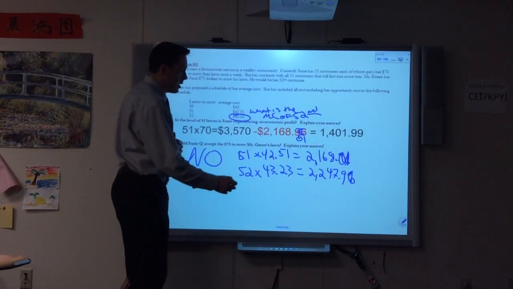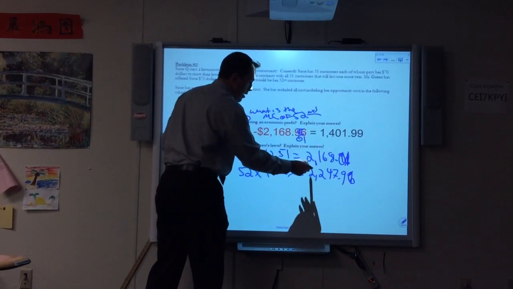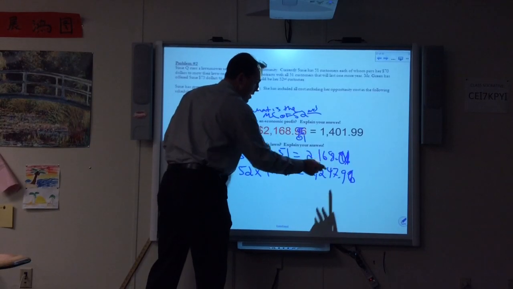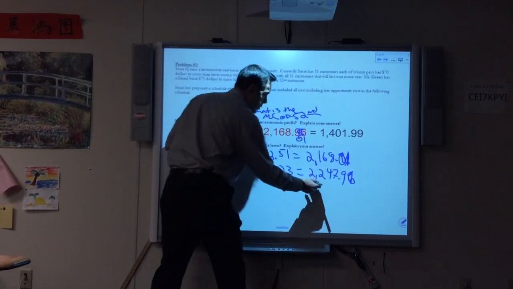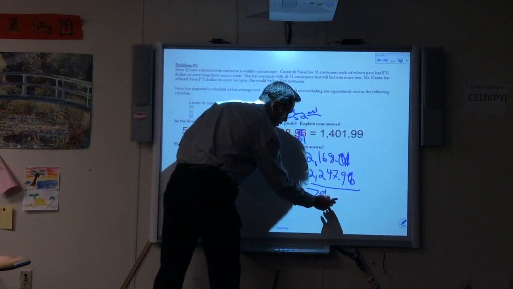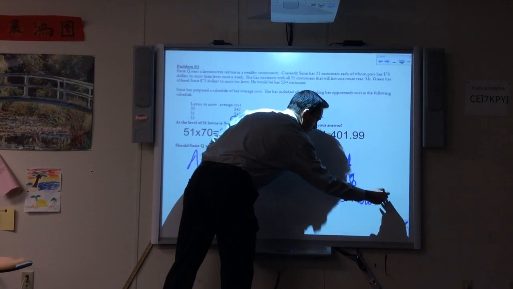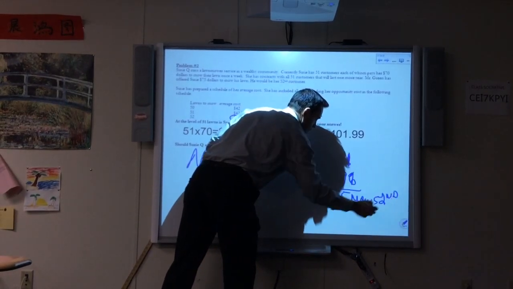If you subtract 2,168.01 from 2,247.96, you will see that it costs Susie $79.95 to mow the 52nd lawn.